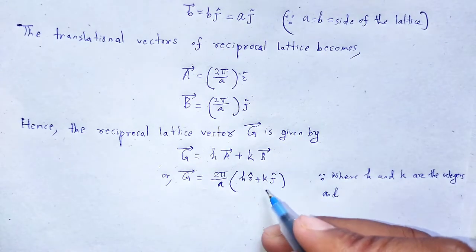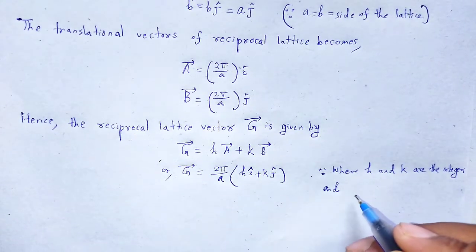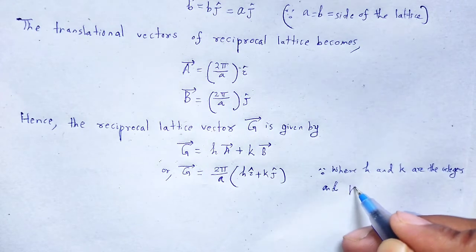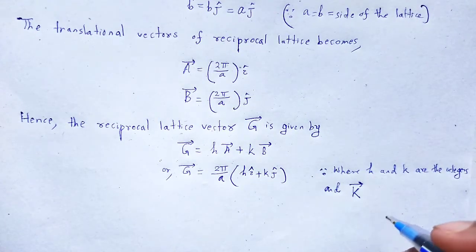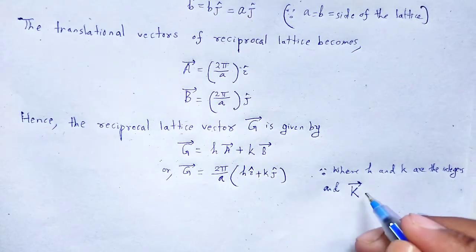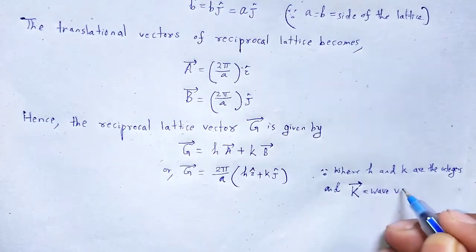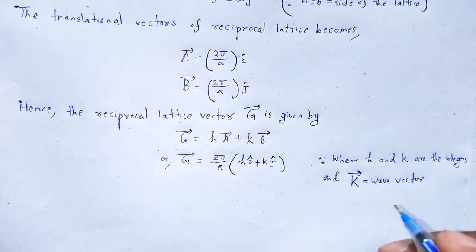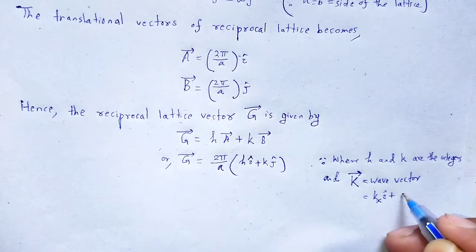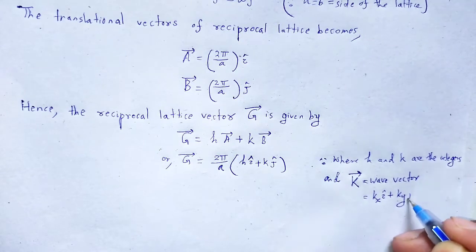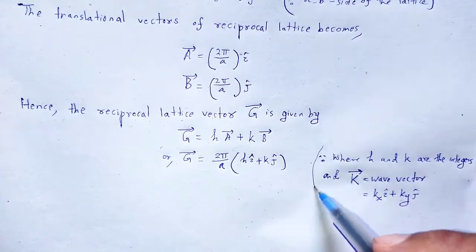And let me introduce k vector, which is the wave vector, equal to kx i cap plus ky j cap, the components of k vector.